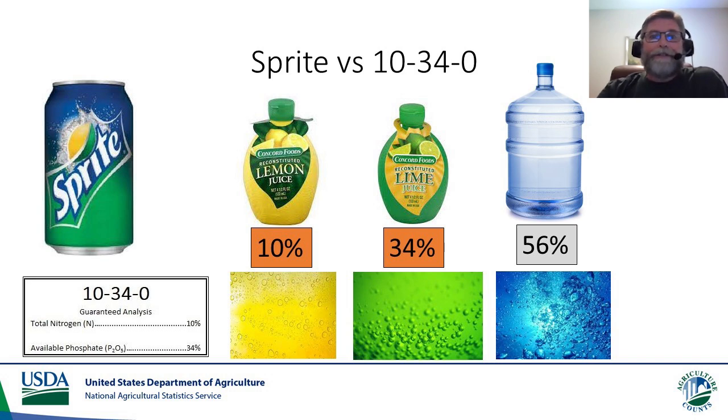The lemon juice compares to the nitrogen in the fertilizer, the lime juice compares to the phosphorus in the fertilizer, and the water compares to the carrier material of the fertilizer. So 10% is lemon juice, 10% is nitrogen, 34% is lime juice, 34% is phosphorus, 56% is water, 56% is carrier material. The ratio of nutrients to carrier works the same regardless of the amount of fertilizer applied.